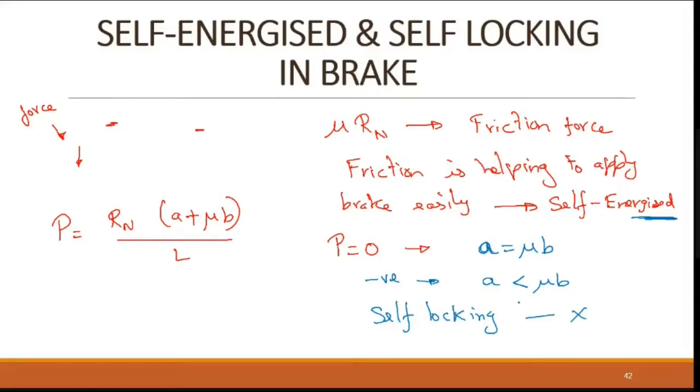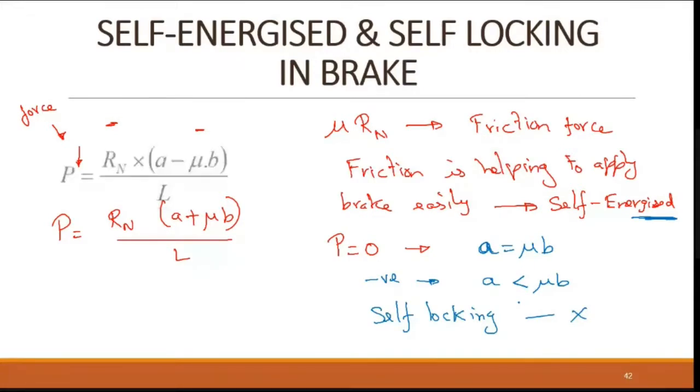So that is important. You should have a brake which is self-energized but not self-locking. For a screw jack, we use self-locking as an application, which is a positive thing. But for a brake, it is not a positive thing. It should not happen, just the opposite.